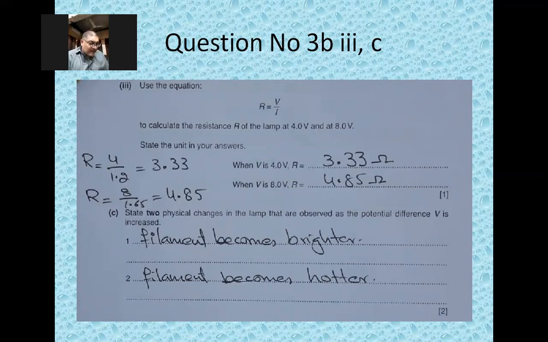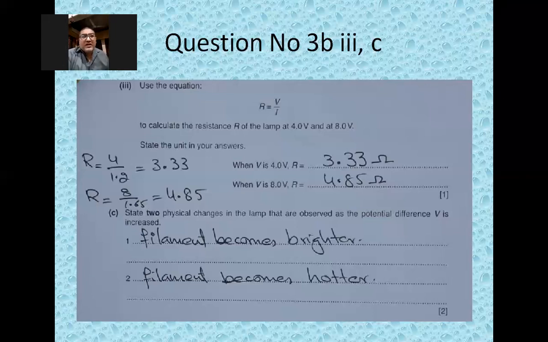And the next part is C part. It says, state 2 physical changes in the lamp that are observed as the potential difference V across the lamp is increased.